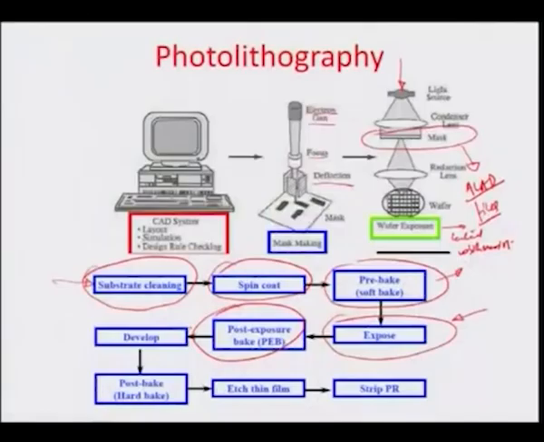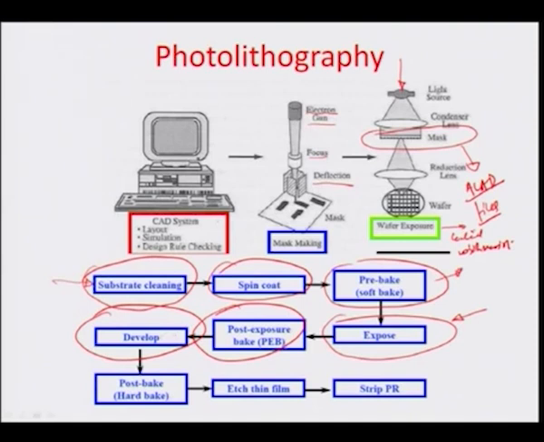So, after this post exposure bake, you do the development of the resist by using a solution which takes away the resist which is either exposed or unexposed, depending on the type of the resist that we are using.